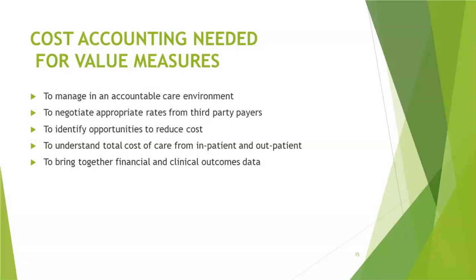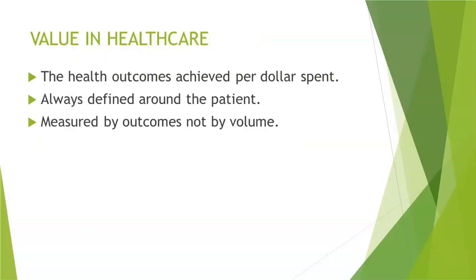Is what I'm spending getting me those outcomes that I expect? We can't assume so, because as we saw, we don't do very well in terms of quality of care and outcomes as compared to the amount of money we spend. So there's probably opportunity in there for most of your stuff.